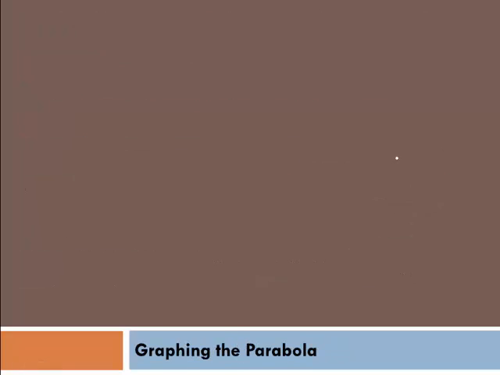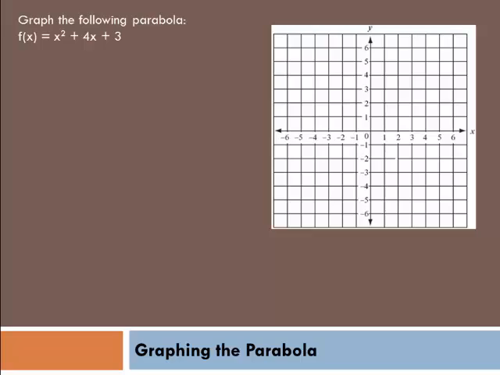Okay, graphing the parabola. We're going to graph the parabola x squared plus 4x plus 3 using the method we just discussed. So the first thing we want to do is find the axis of symmetry. And the axis is x is equal to negative b over 2a, which is negative 4 over 2 times 1, since a is invisible 1.